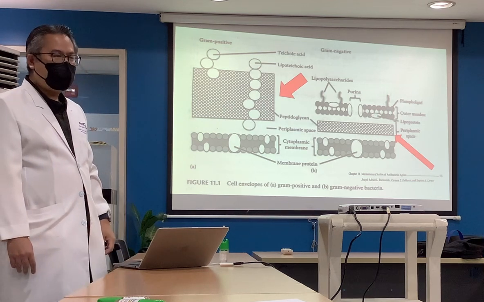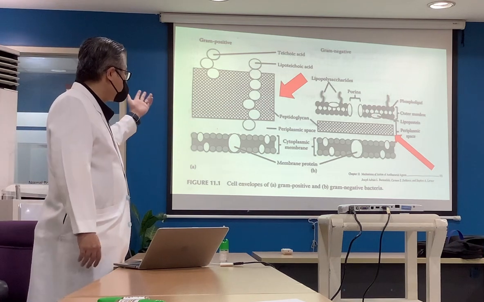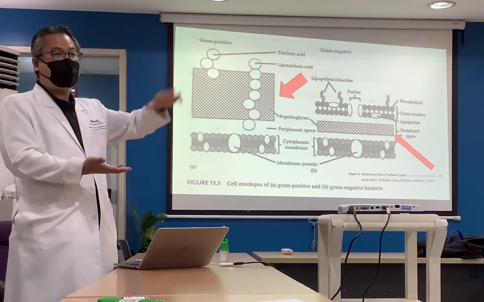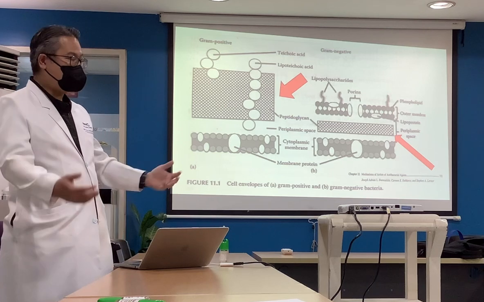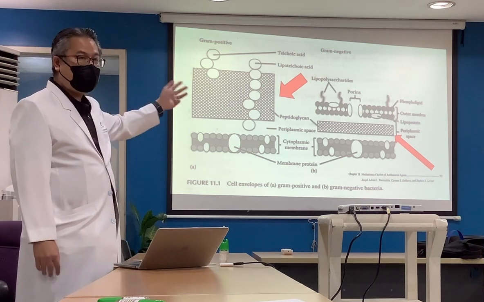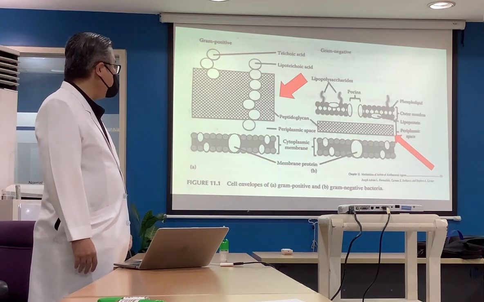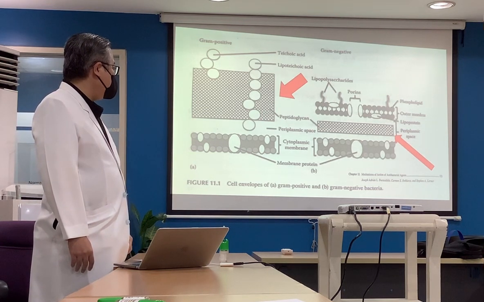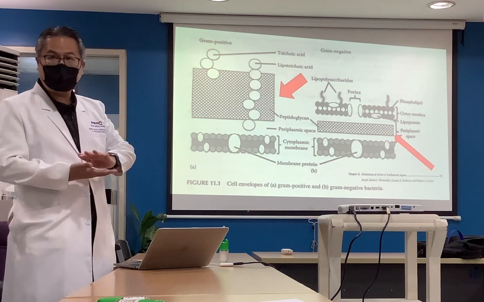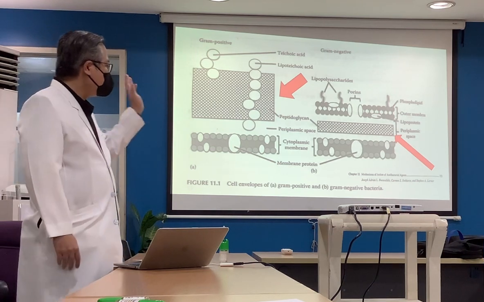And if you really think about it, if you look at this left side, it looks like a cake, right? It has a crust, and then you have the cake itself, which is the peptidoglycan layer. In gram-positives, you have the teichoic acid, the lipoteichoic acid there on the peptidoglycan. And of course, the cytoplasmic membrane is like the crust. Now look at the gram-negatives.